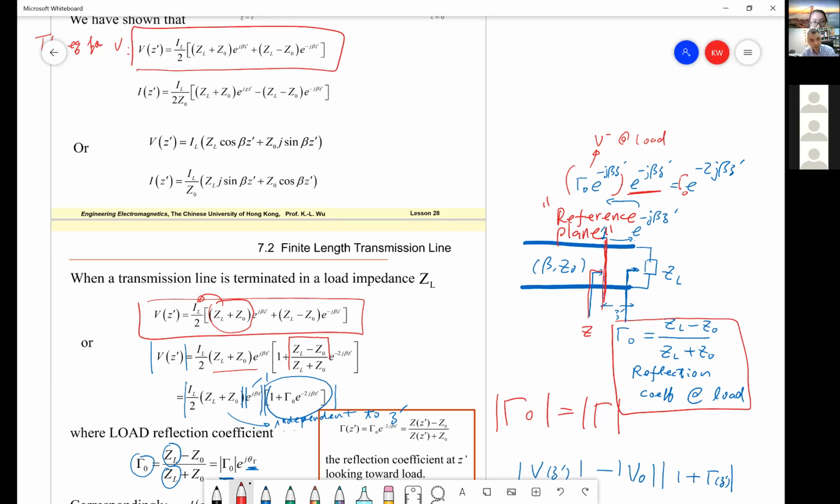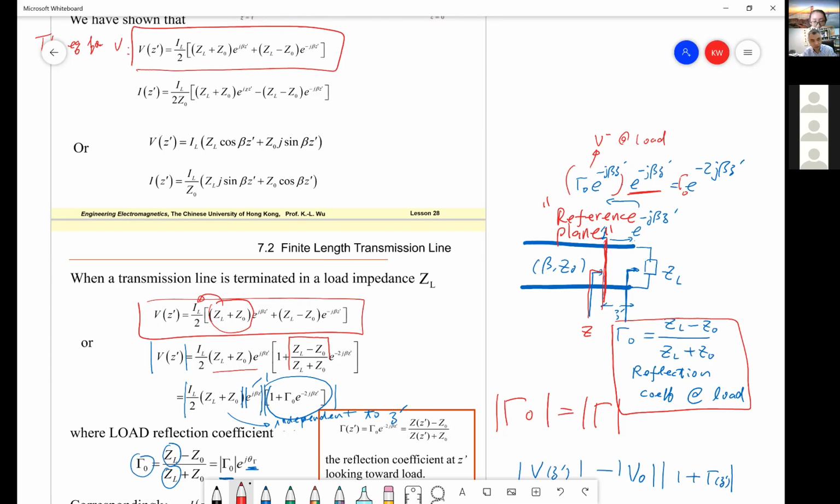If you talk about impedance without referring to where your reference plane is, then what you say means you didn't say anything, okay? So when we talk about impedance, or the reflection coefficient, we must refer to where you observe it.